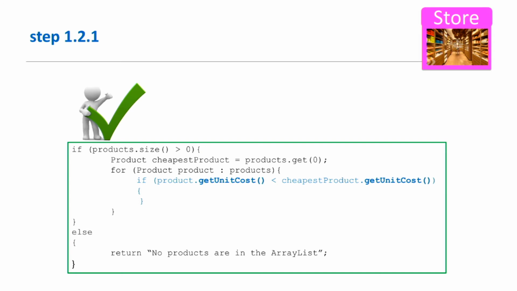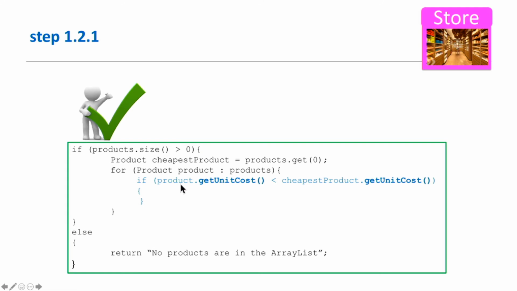So here's the solution to 1.2.1. We have an if statement: if product.getUnitCost is less than our temporary variable cheapestProduct.getUnitCost. What's worth pointing out here is, remember, we're in a for loop. We're visiting each product in the array list of products, and that variable is called product.